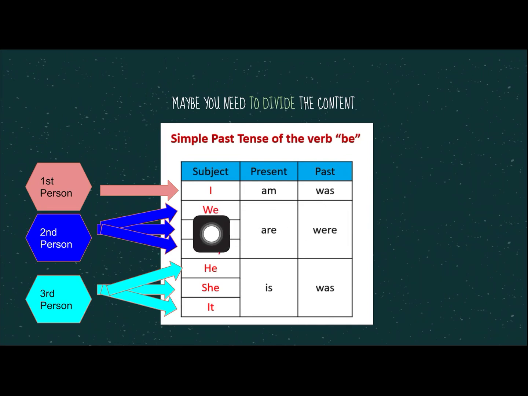In the second person we have we aren't, or we are, but in the past we have we were, or we weren't, or you are, you aren't, you were, you weren't, they are, they aren't, or they were, they weren't. Notice it. All the third person, he is or he isn't, or he was or he wasn't. Remember, those are in past and those are in present.